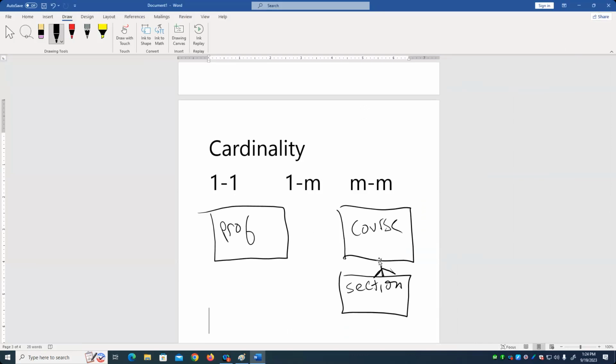One course can have many sections. We already talked about that. A given section, though, can only be for one class. Now, this part gets tricky. All right. You might think that professor and course has a relationship. And this is where, in doing your analysis of a database, you have to look at a bunch of different examples. You can't look at just one.